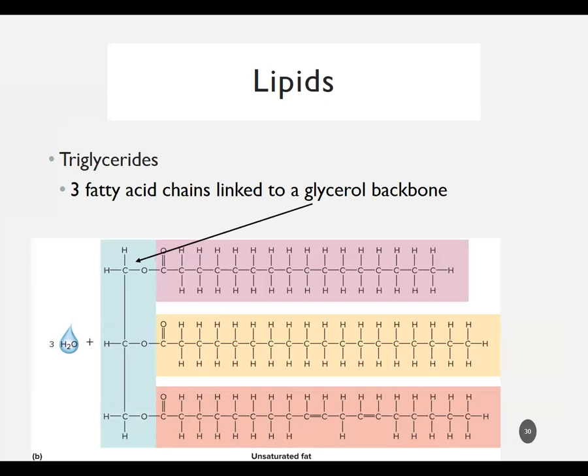So in a triglyceride, there are 3 fatty acid chains, and they're bonded to what is called a glycerol backbone, which you can see over there in the green. So here we have the glycerol backbone, and that's just a 3-carbon molecule. One fatty acid attaches to each carbon, essentially.